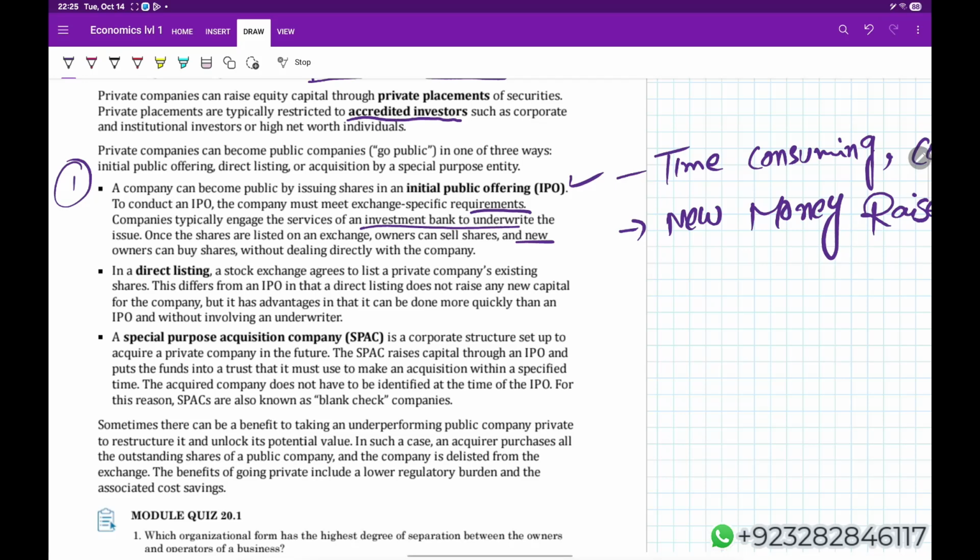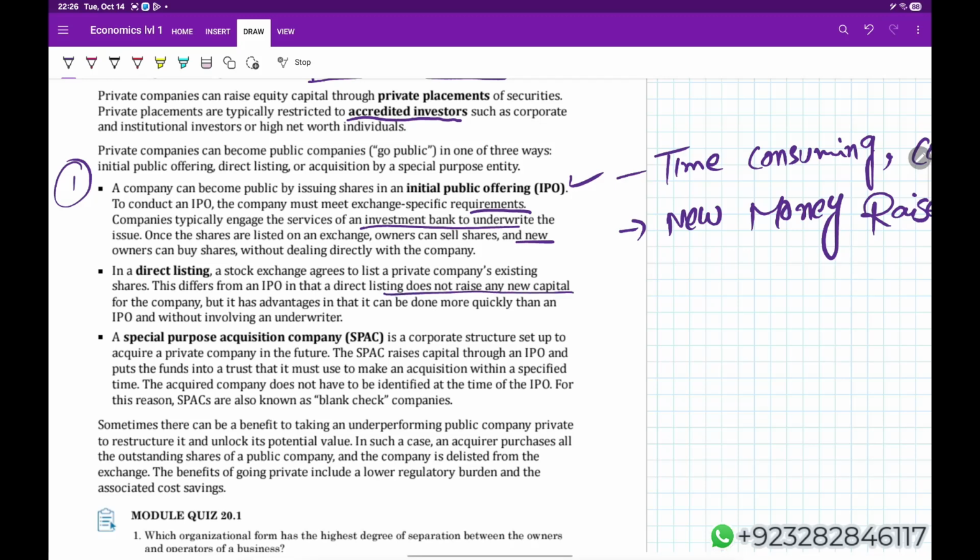But this is not an IPO, because in an IPO the company offers the public to purchase new shares. In direct listing, remember, no new shares are involved, so companies do not raise any capital.